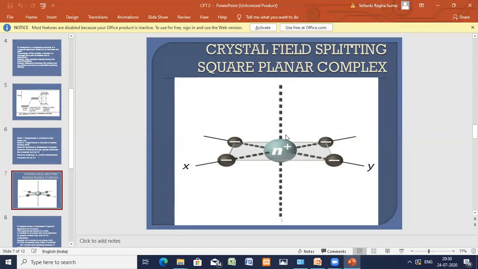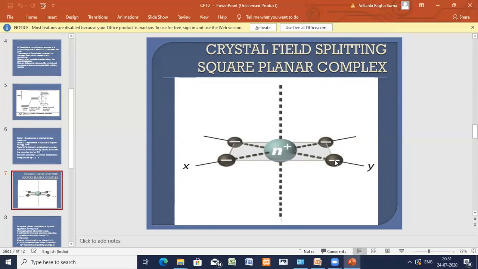Along the z axis, there is no ligand. Remember, okay? Along the z axis, there is no ligand. There are 4 ligands, coordination number 4, 2 approaching along the x axis and 2 approaching along the y axis.